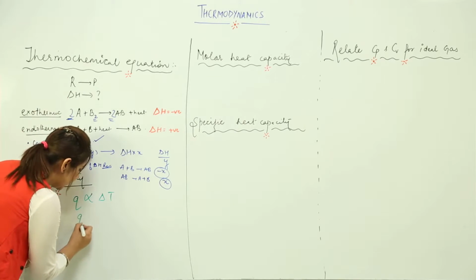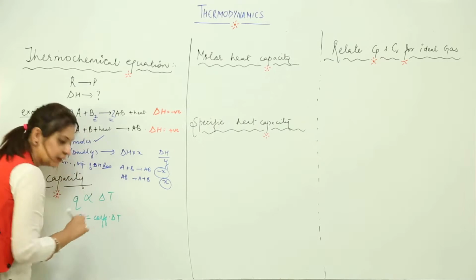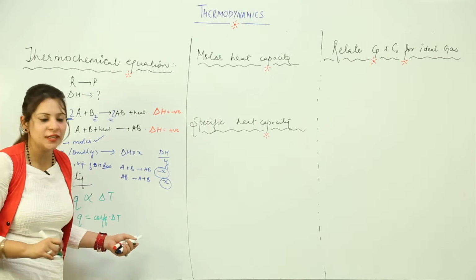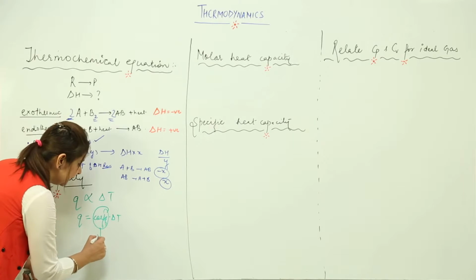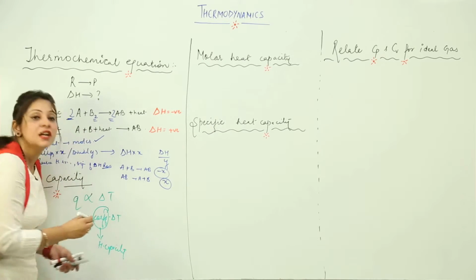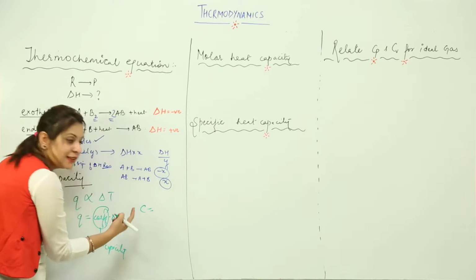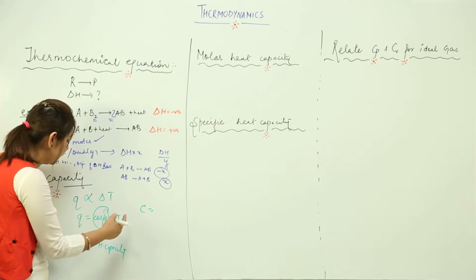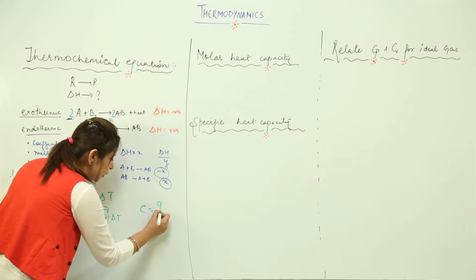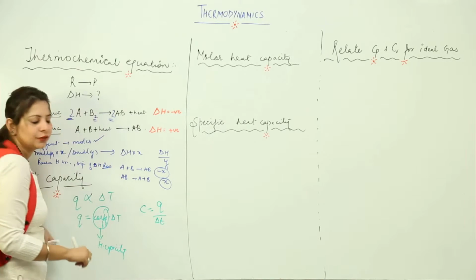Removing the proportionality sign, suppose I have a coefficient here and we have delta T. You know what actually is this coefficient? This coefficient is heat capacity. This coefficient indicates the heat capacity. So I can write that heat capacity is nothing but C. We will denote the heat capacity with the help of C. C is equal to Q upon delta T. That means the change in temperature.